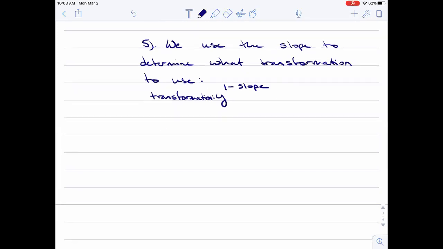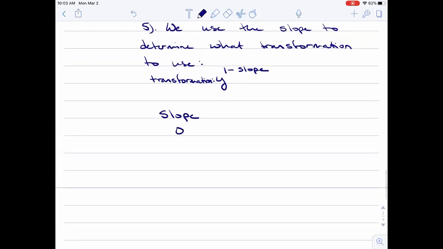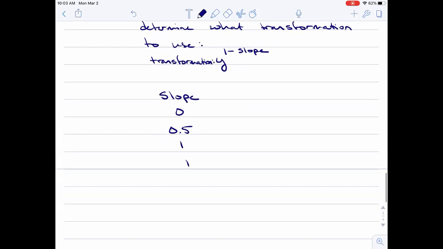So if we've got a slope of 0, 0.5, 1, or -1, we just go for whichever one's closest, kind of approximating. Then we've got our transformation.